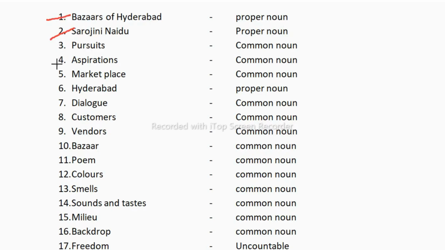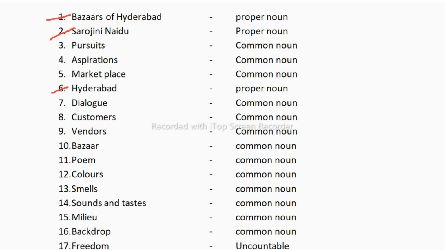Pursuits, aspiration and marketplace, these are all common nouns. Hyderabad names a specific place, so that's why this is a proper noun. Dialogue is a common noun. Customers, any customer, so that's why it is a common noun. Vendors, bazaar and poems, colors, smells, sounds and tastes, milieu and backdrop, these all are common nouns.